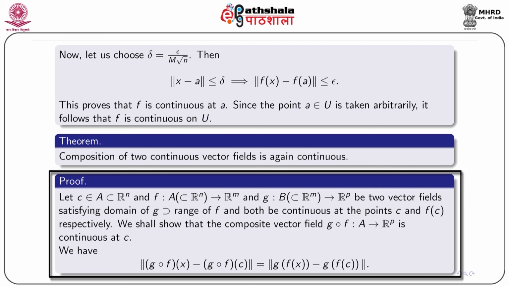Then the composite vector field G compose F is a vector field from A to R^p, and we have to prove that it is continuous at c.